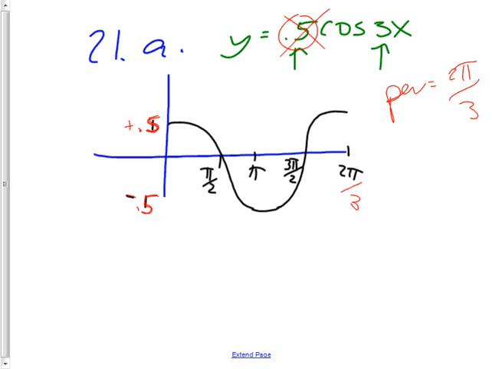Times by 1/3. Very good. I'm going to times everything by 1/3. And then my new answers for these labels are pi over 6, pi over 3, 3 pi over 6, which can be reduced to pi over 2, and 2 pi over 3.